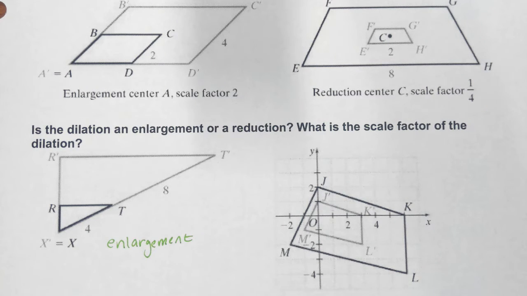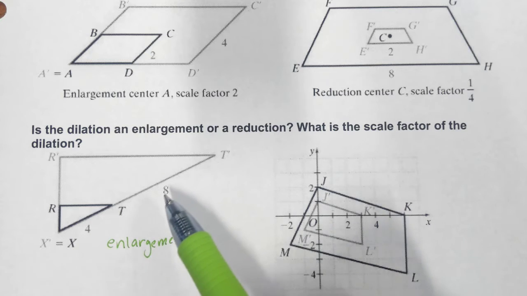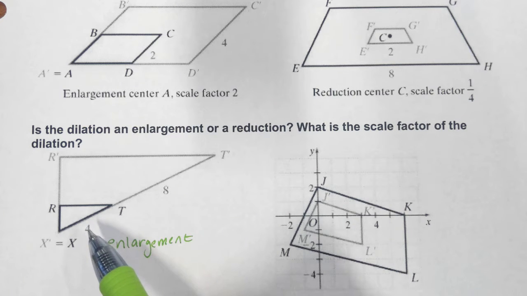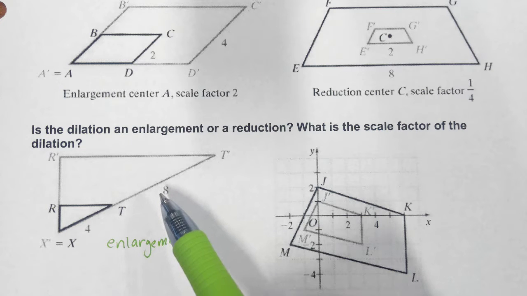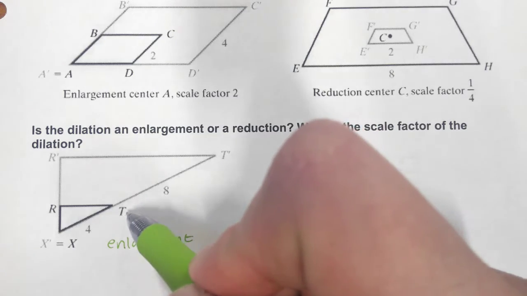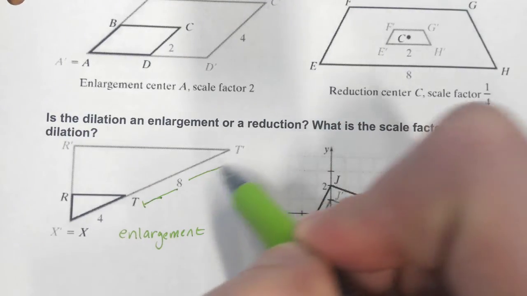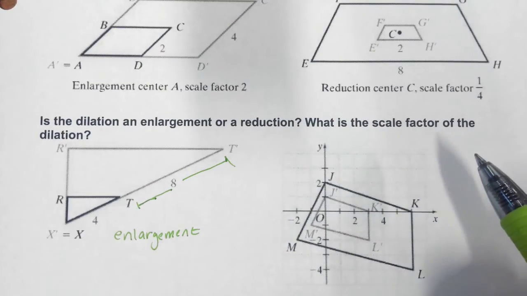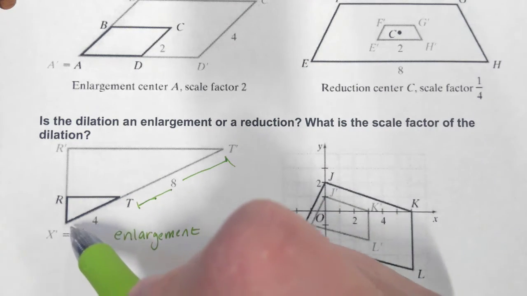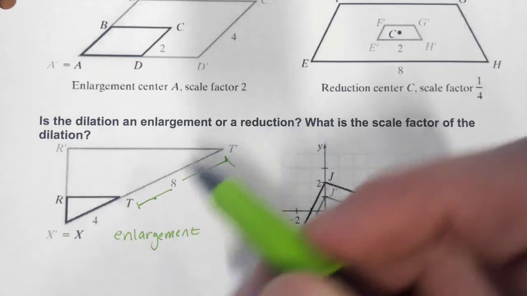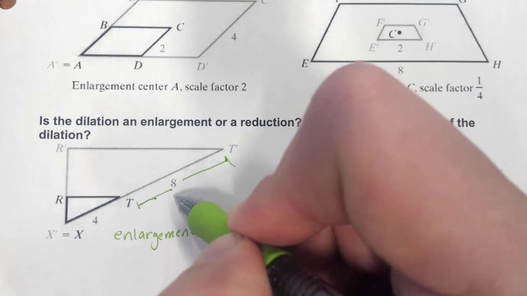Now, the scale factor is not 2. You don't just look at the numbers. Just because this is 4 and that is 8 doesn't mean that it's twice the length. Remember, this 8 is really just talking about from the original T to T prime. If you include all the way down to X, the whole length is actually 12.